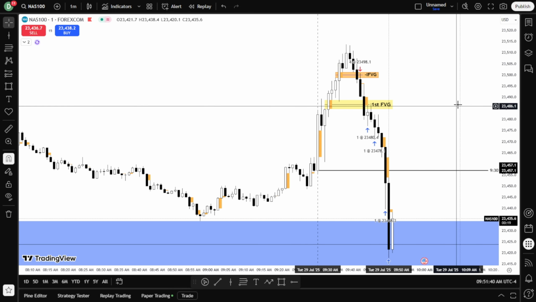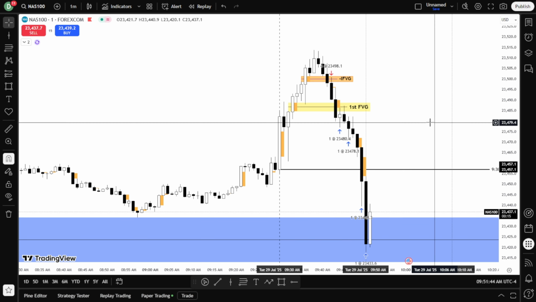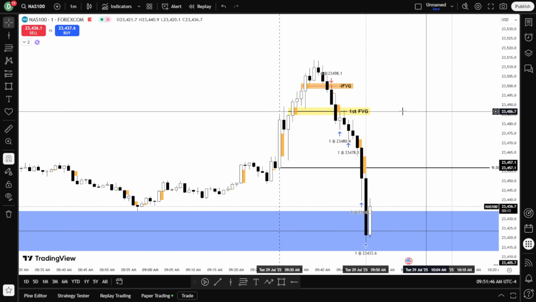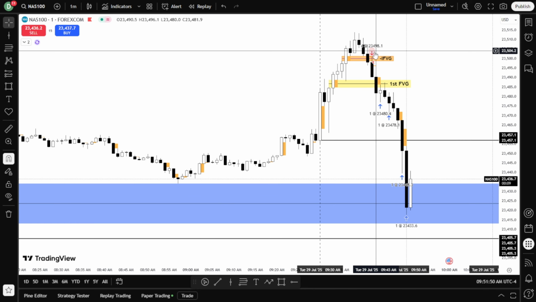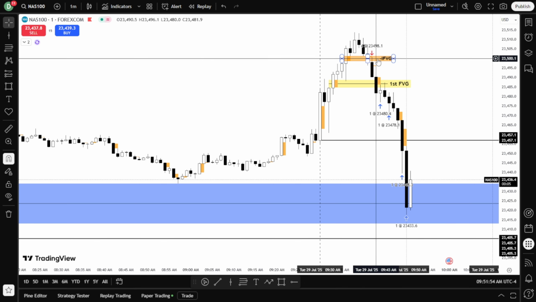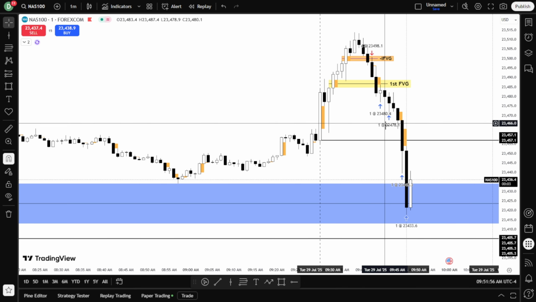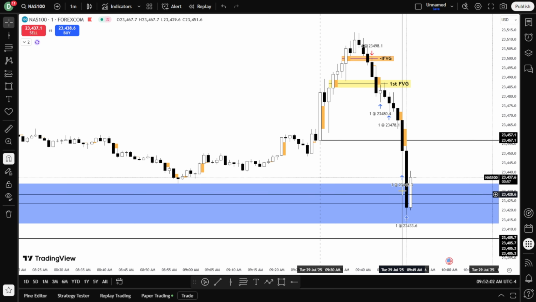Yeah, right there. That was the first entry, you can see, and I took one partial here, one right there, one here, and one we ultimately get to our target.